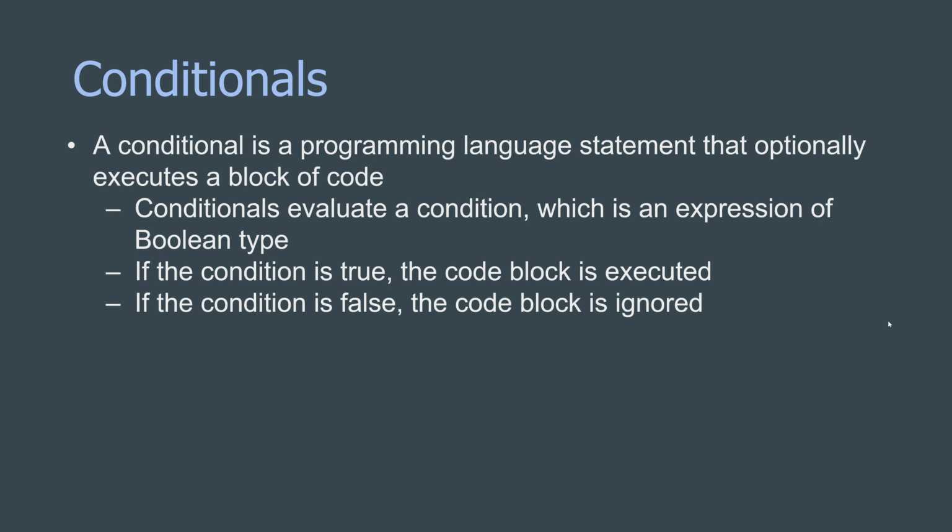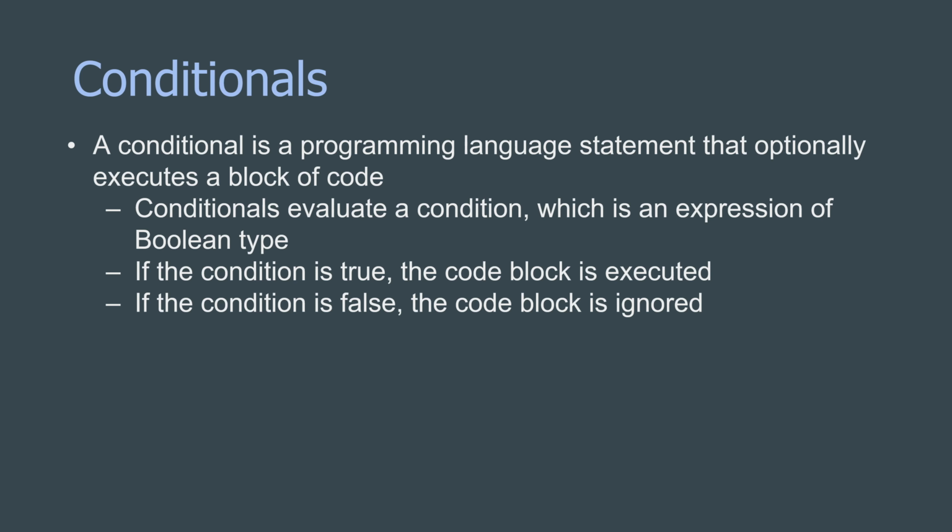When we see how this looks in Python, you're going to see that a lot of Python blocks of code look the same. They're basically just indented bits of code. And that's just to group it all together so that you know it's part of one block of code. So conditionals specifically have two parts. They have a condition, and then they have the block of code. If the condition evaluates to true, so remember we talked about expressions in the previous section where the expressions can return a Boolean value.